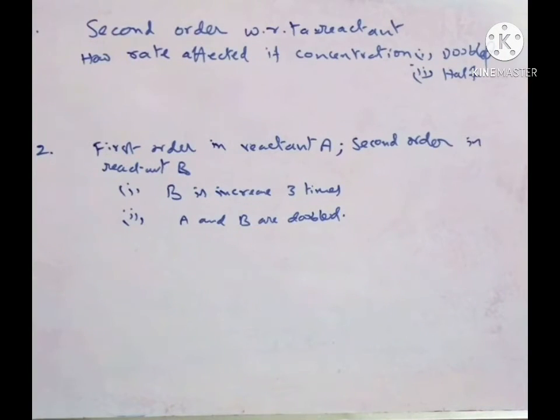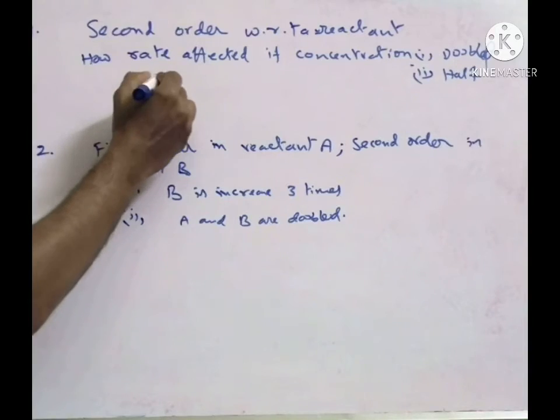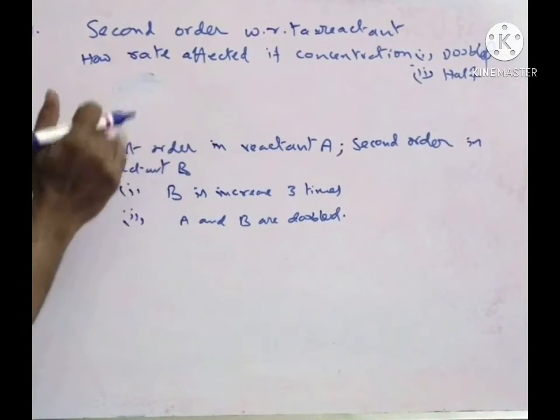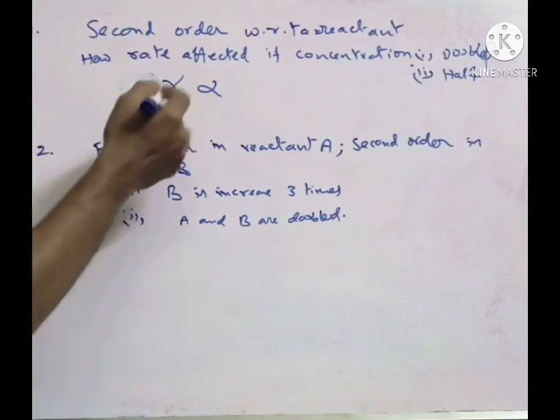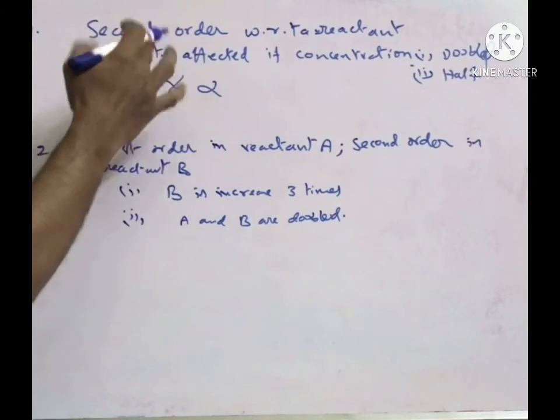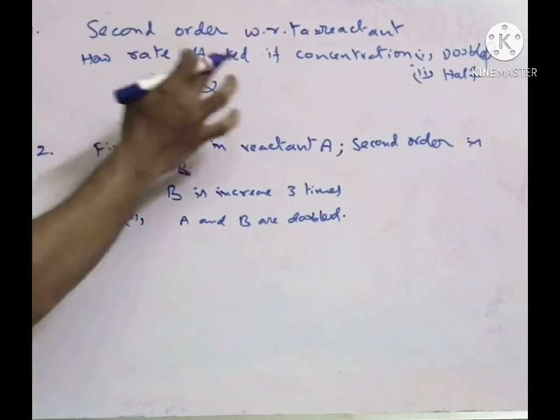Whenever we need to, we first write the rate law with the given order of the reaction. For example, the rate law, or rate of the reaction R, is proportional to, or equivalent to, a constant into the concentration of the reactant.